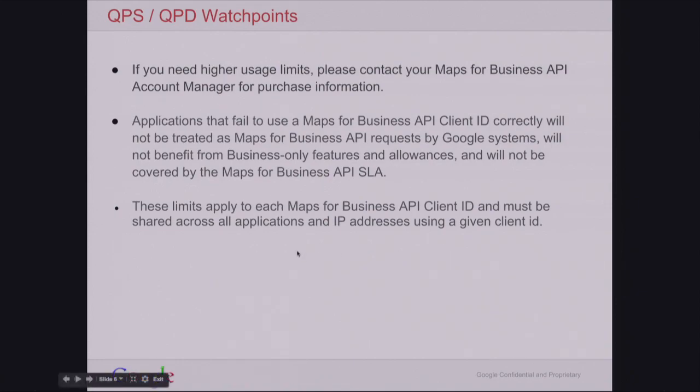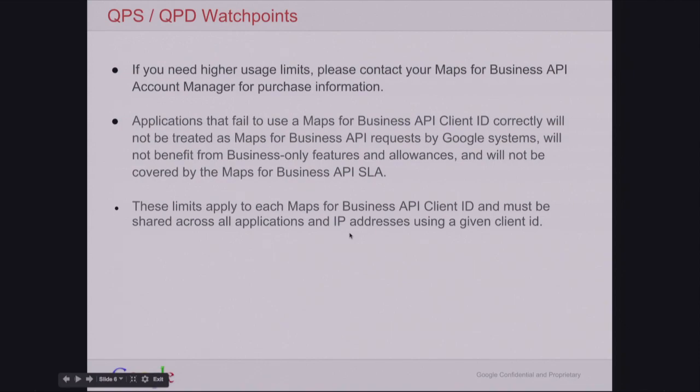One final thing on these limits is that these limits are applied to the client ID, and so you want to stay away from designing applications that work with these limits, assuming that they are applied based on the IP address rather than the client ID. For example, if you had 100,000 addresses to geocode, by breaking them up into chunks of 10,000 addresses and sending them from 10 different IP addresses will cause you to hit the QPS limit really soon, because we apply the QPS limit on the client ID and not per IP address.